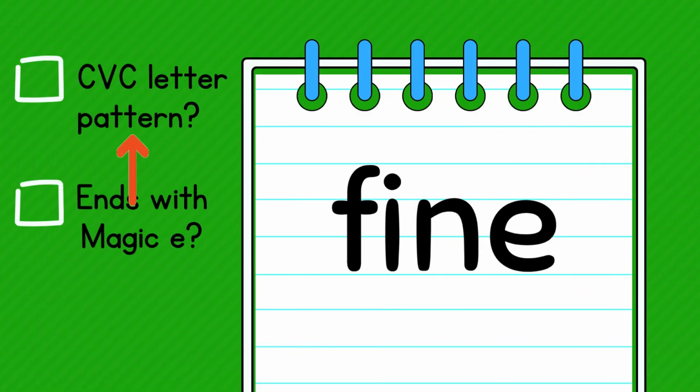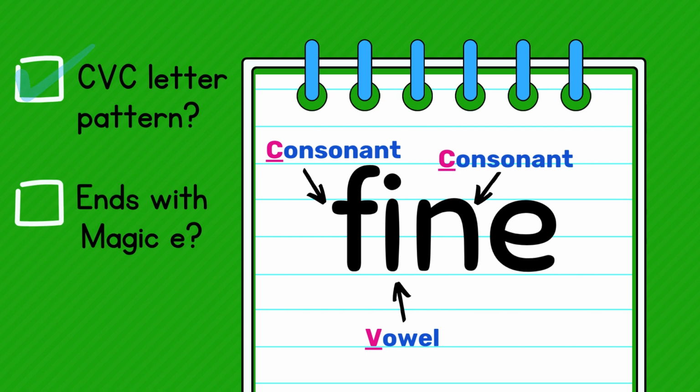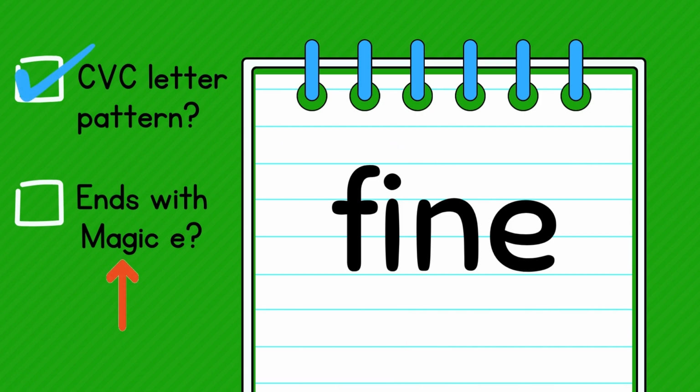Here's another word to try. Let's ask ourselves, does the word have the CVC letter pattern? You got it, it sure does. We've got the consonant F, followed by the vowel I, and then the consonant N. Now our second question, does the word end with a magic E?